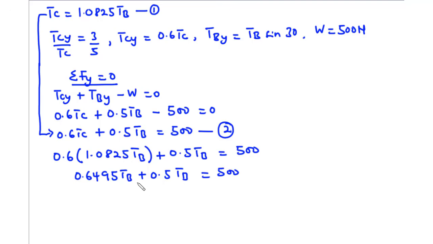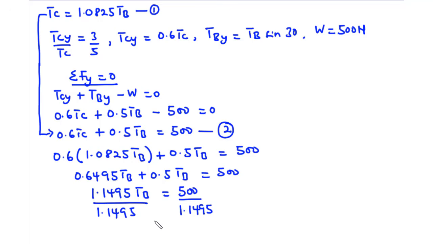When you add these two values on the left hand side, you have 1.1495 TB equals 500. You divide through by 1.1495 so that we have TB equal to 434.97 newtons.